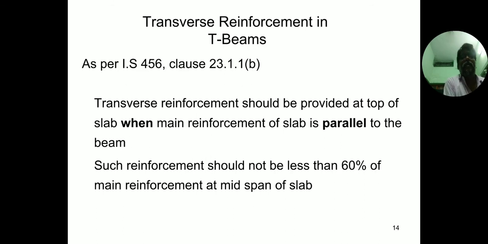Such reinforcement should not be less than 60% of the main reinforcement at midspan of the slab.